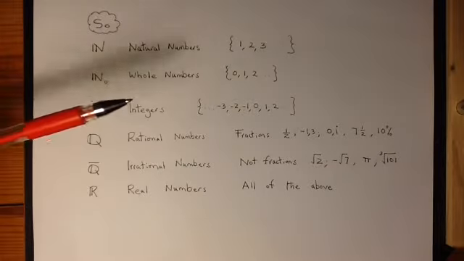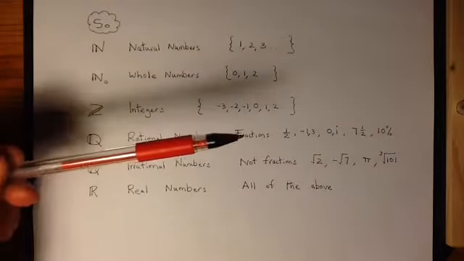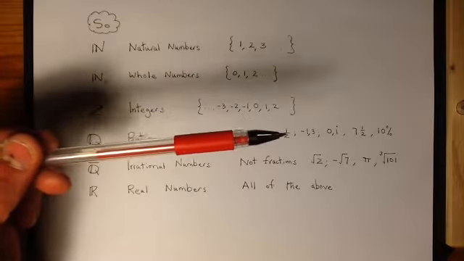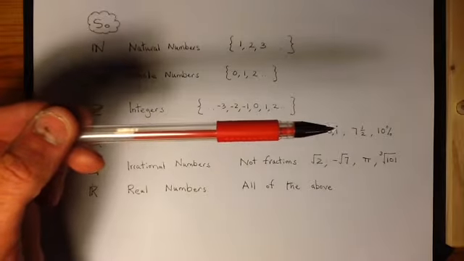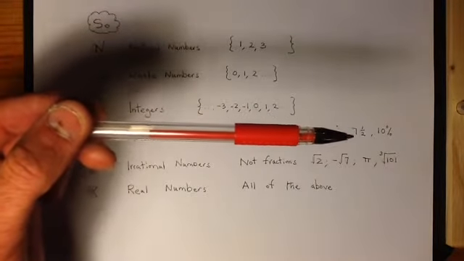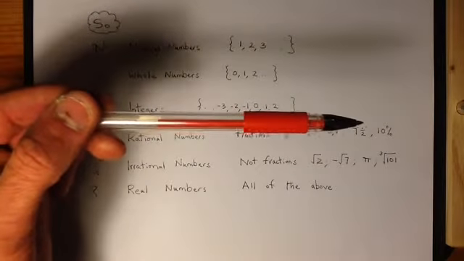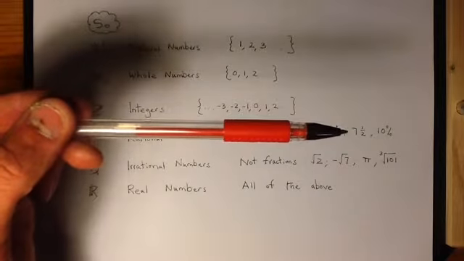Those are the integers. Rational numbers, a Q, all the fractions. So you've got common fractions, negative decimal fractions, recurring fractions. This is, what do you call this? I suppose it's a mixed fraction, and so on.